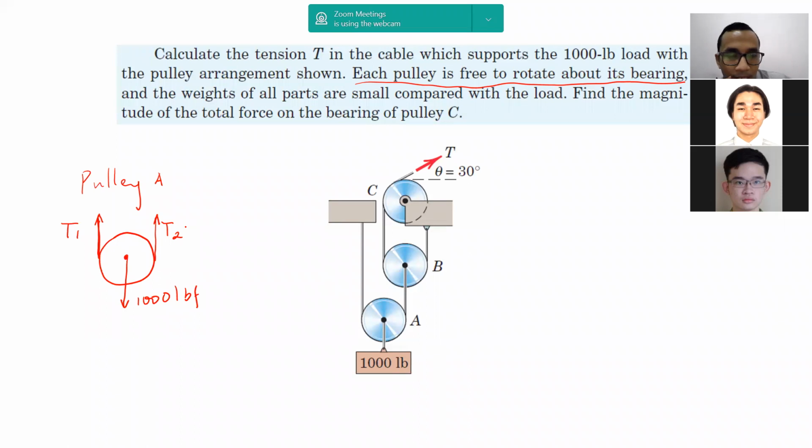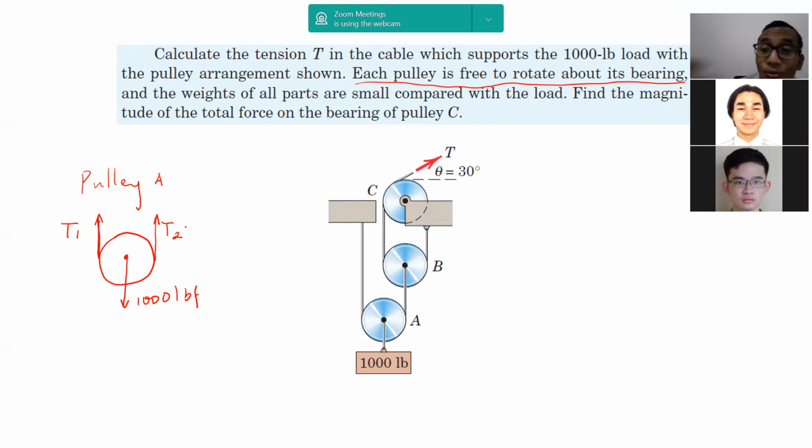Okay. Can we solve both of the unknowns, Mario? No, you cannot solve it.